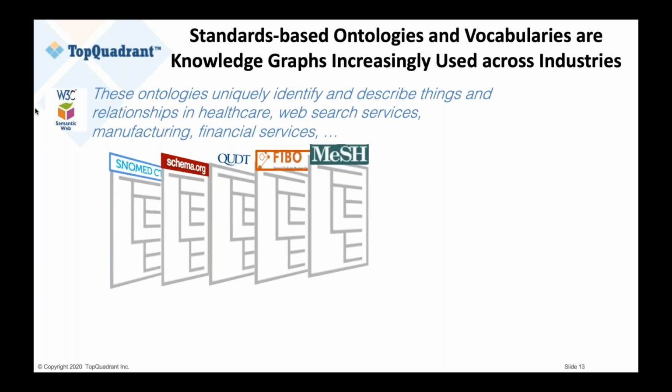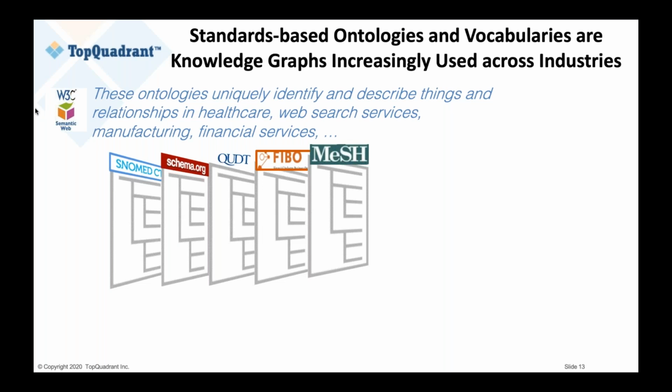Today, there's actually a growing number of standards-based ontologies and vocabularies that can be reused and increasingly are used across industries. Here are just a few of them. SNOMED and MeSH are in the life sciences domain. FIBO, the Financial Industry Business Ontology, is in the financial domain.